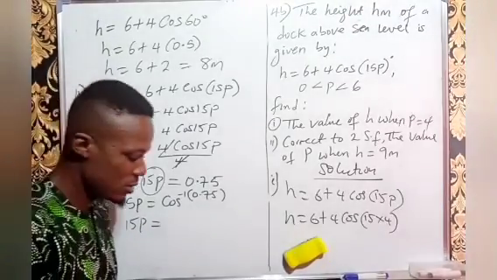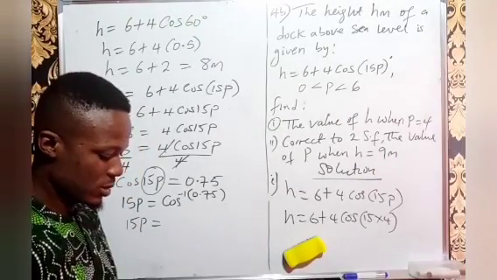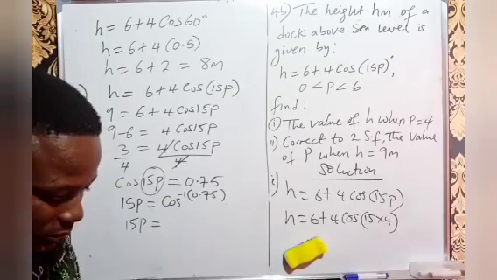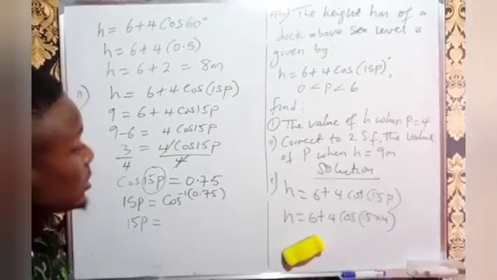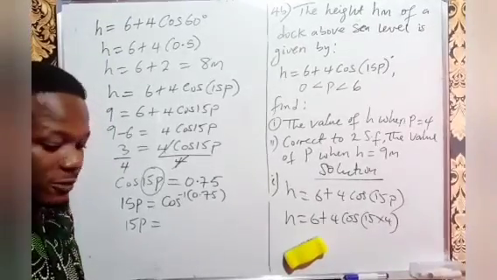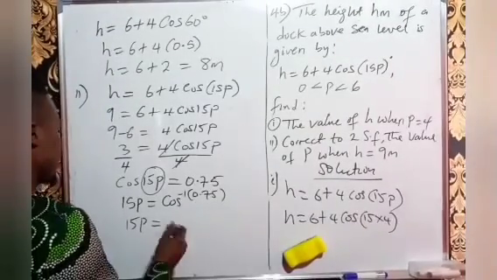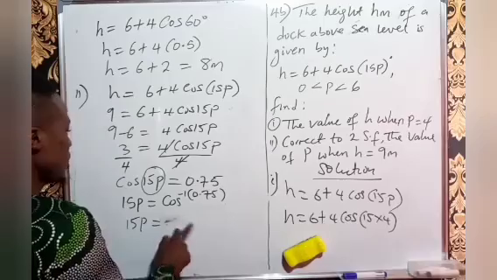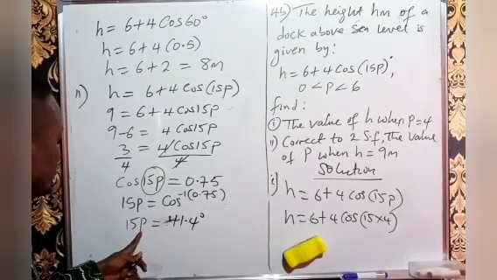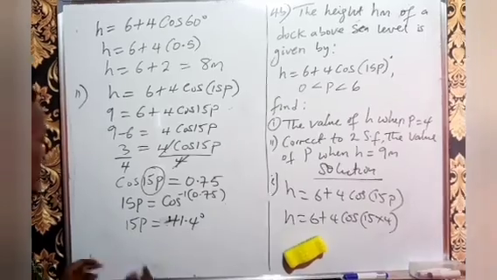So let's use the calculator. Shift cos 0.75 will give us 41 point. They say two significant figures, so let's take 41.4 degrees here. And to get the value of p, I have to divide by 15.